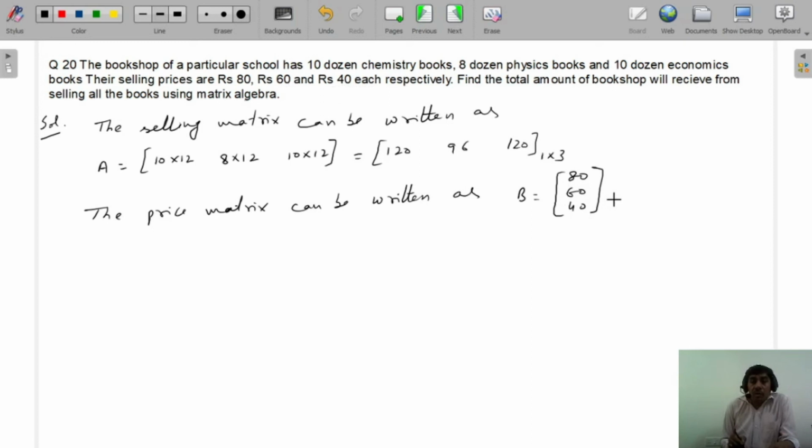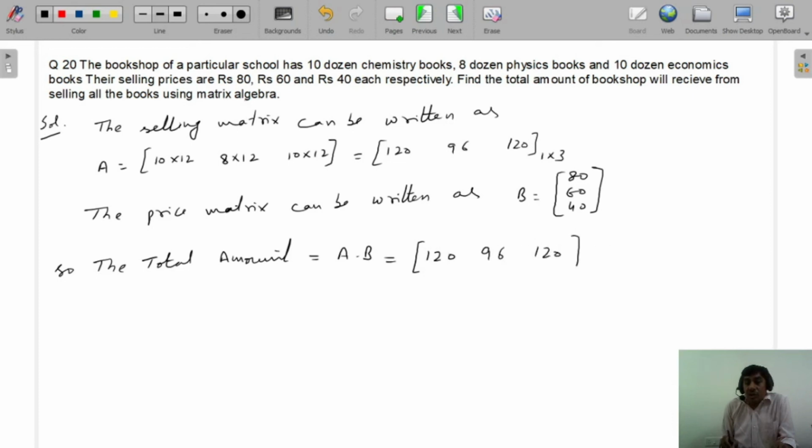Now, our target is to find the amount received by the bookshop. So, the total amount is equal to A into B, selling matrix into price matrix, [120, 96, 120] into [80, 60 and 40].